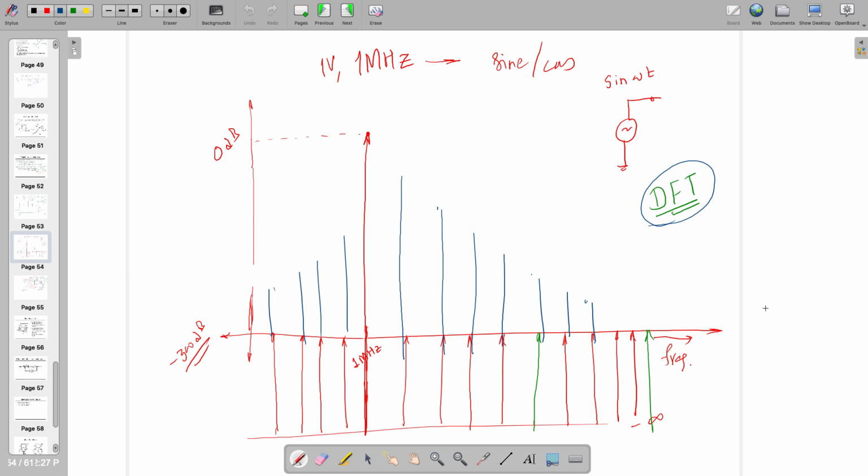So first of all, by looking at this, can you tell me how many cycles I am plotting right now? If it is a good FFT, no problem. Nishant, what do you think? That's why I kept some green lines also.